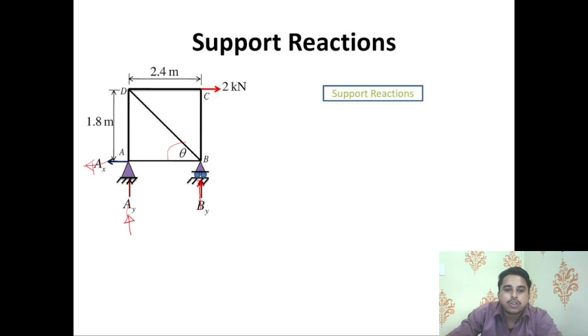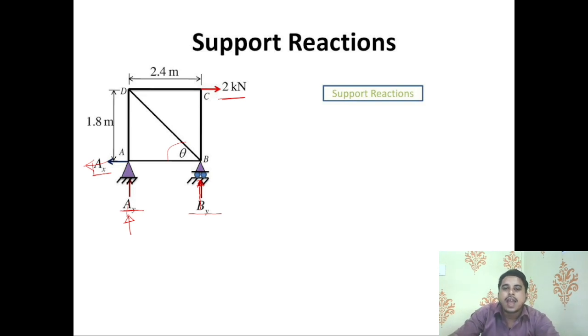There will be no horizontal resistance, and the external force is given as 2 kilonewton. The horizontal reaction is represented as AX, the vertical reaction at joint A is AY, and the vertical reaction at joint B is BY.